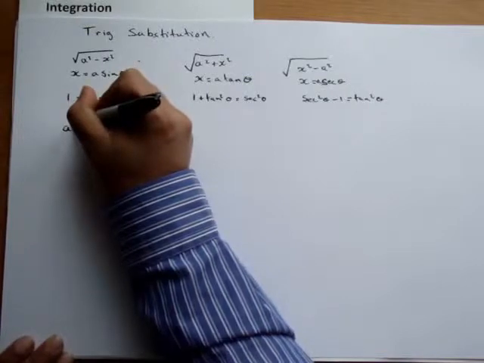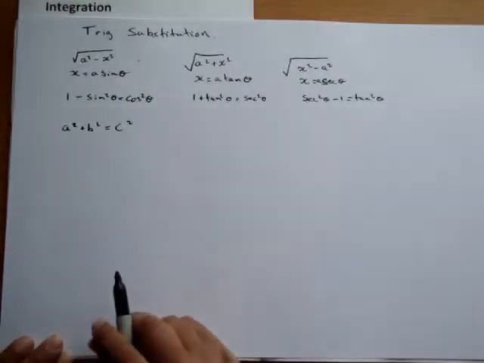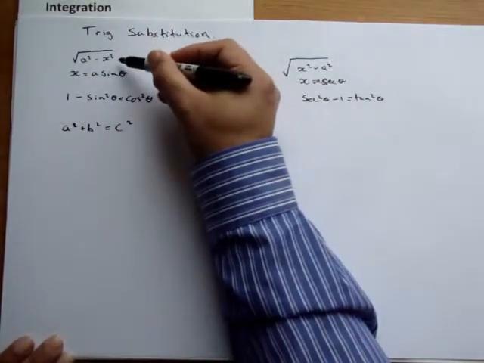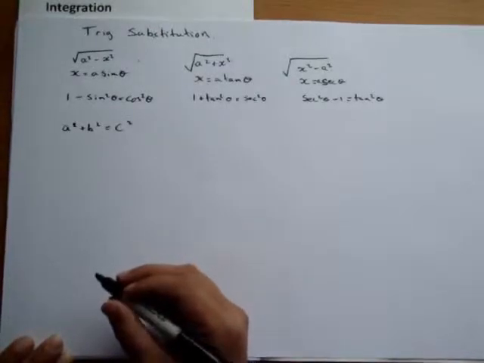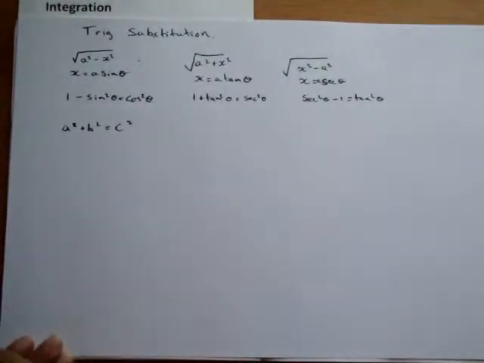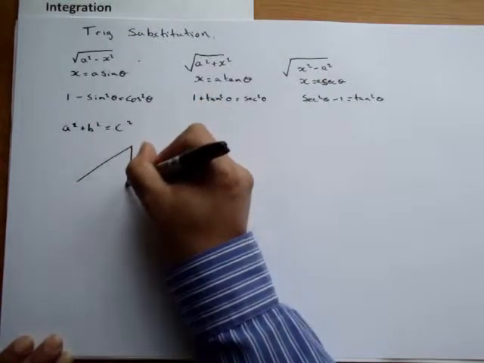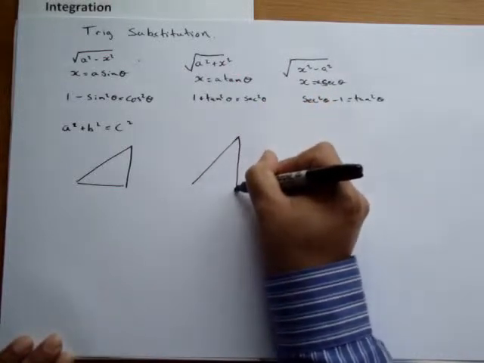A squared plus b squared equals c squared, and some bright spark thought, hey, this formula looks like this, so maybe we can apply trig to it and then use this as a trig substitution, and then later on convert it back after we've integrated. So Pythagoras used a right angle triangle. So let's draw a right angle triangle for each of these.